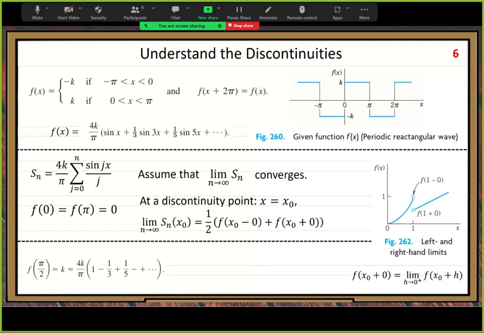After we cancel out that k, we can write pi over 4 equals this alternating series. How can you see that? If someone asks you to prove it, it's not easy.